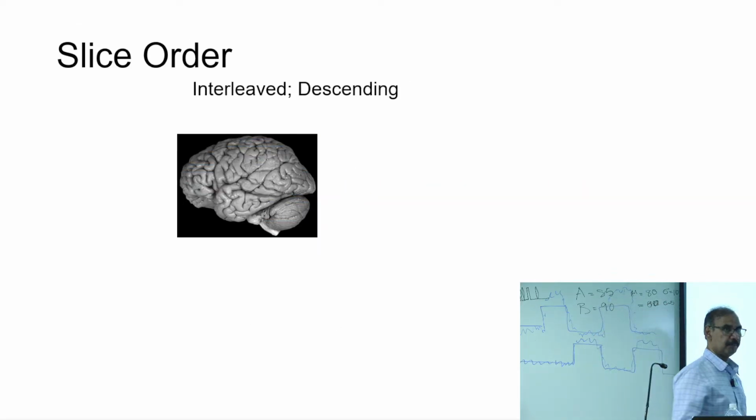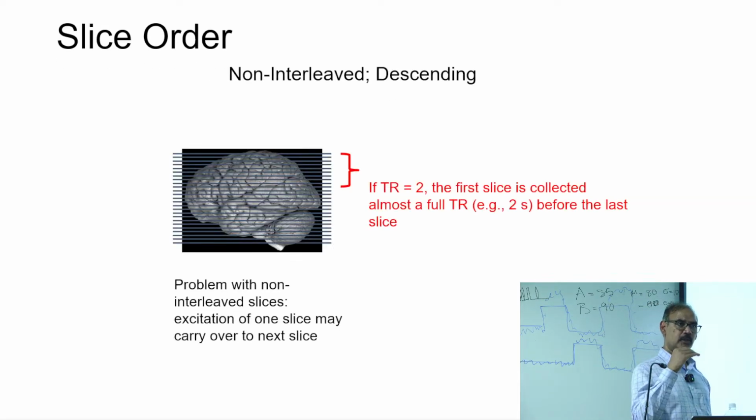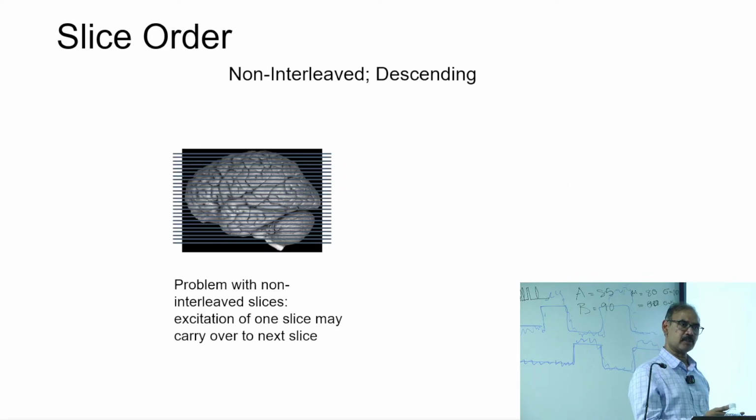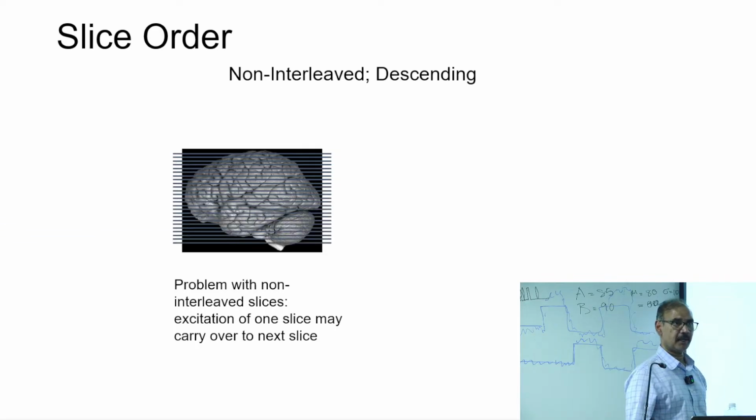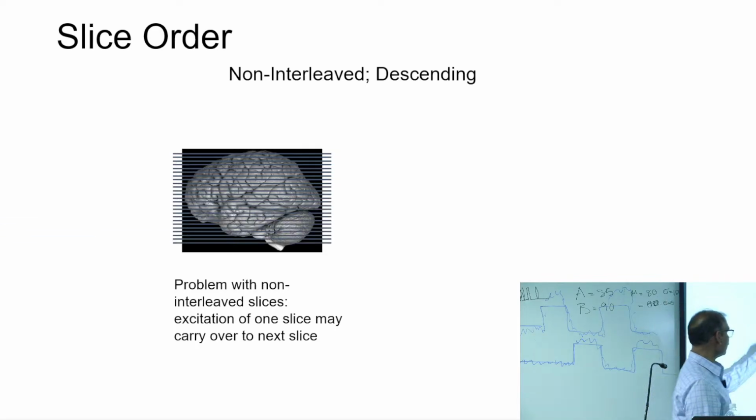Let's say your TR was 2 seconds, like the sampling rate is 2 seconds, and you have 20 slices, right? So what it means is that the data is collected here at time 0, here at 100 milliseconds, 200 milliseconds, 300. Here it will be 2 seconds, right?